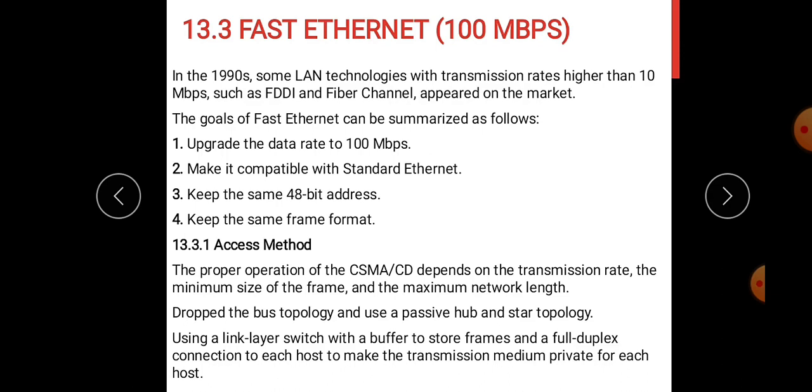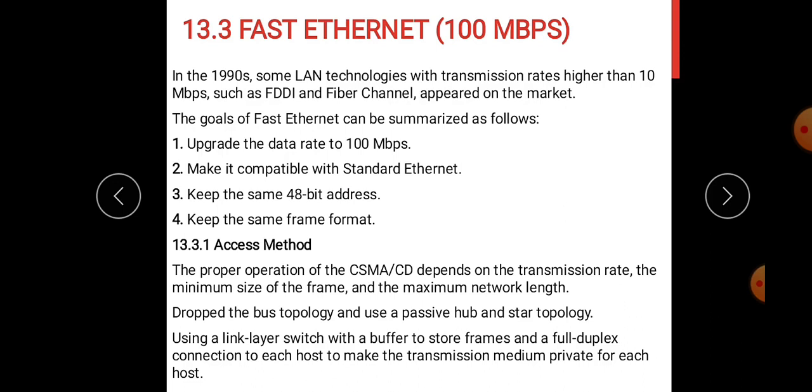So Ethernet made a big jump by increasing the transmission rate to 100 Mbps, and the new generation was called Fast Ethernet. The goals of Fast Ethernet can be summarized as: upgrade the data rate to 100 Mbps, make it compatible with standard Ethernet, keep the same 48-bit address, and keep the same frame format.